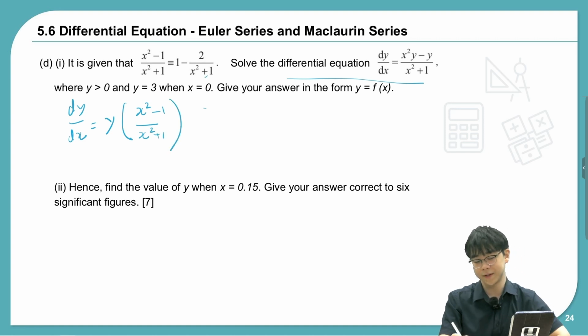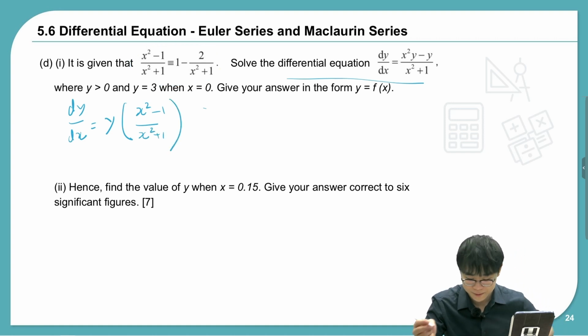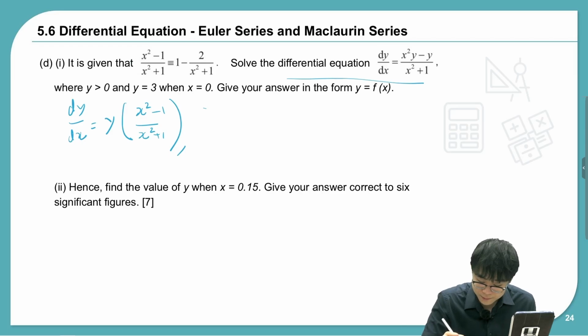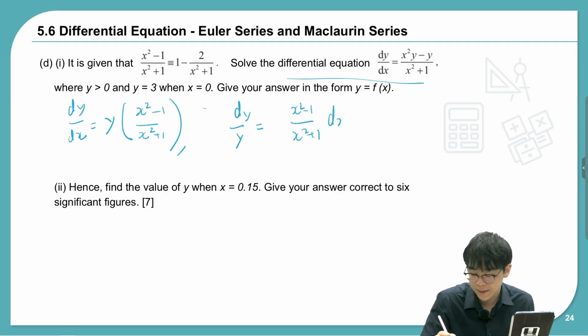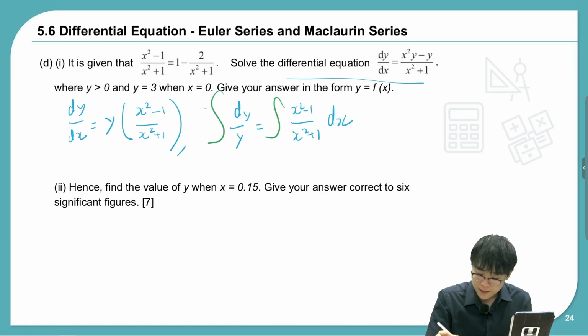So we kind of see that this is given to us as a hint. Then we get dy over y is equal to x squared minus 1 over x squared plus 1 dx, and we can always integrate both sides.